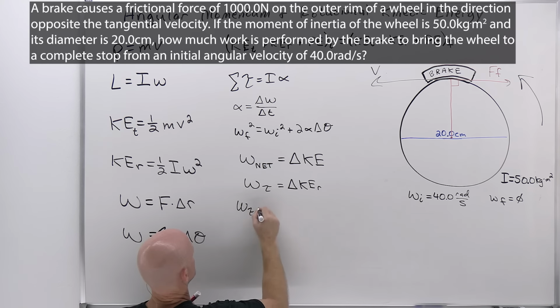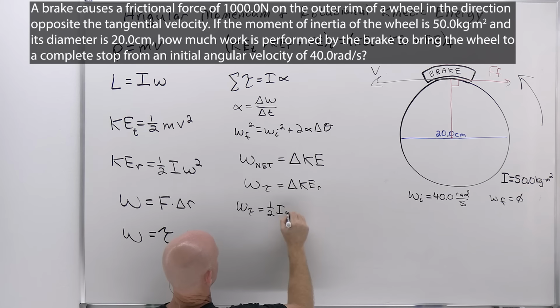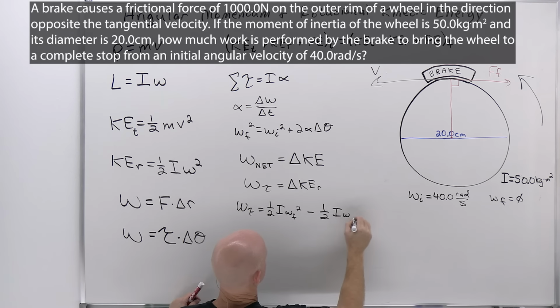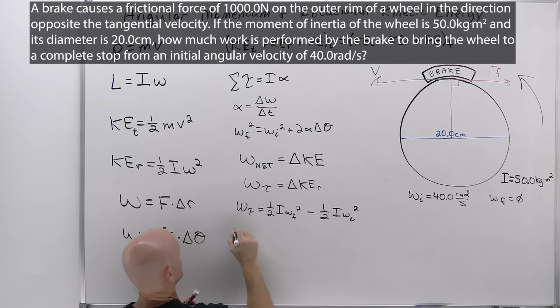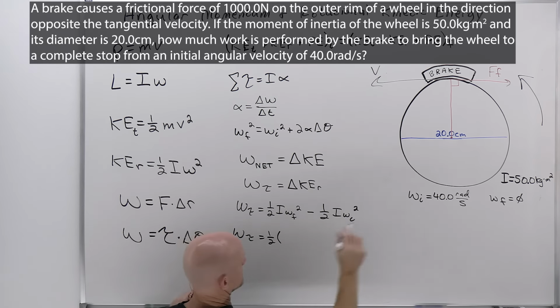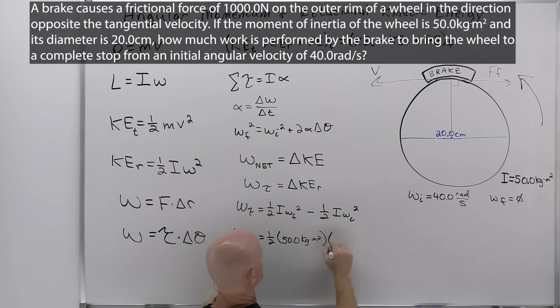So work done by our torque is equal to the change in rotational kinetic energy. That's 1/2 I omega final squared minus 1/2 I omega initial squared. So work done by a torque, 1/2 times the moment of inertia that was provided, 50.0 kilogram meters squared, times the final, which was 0.